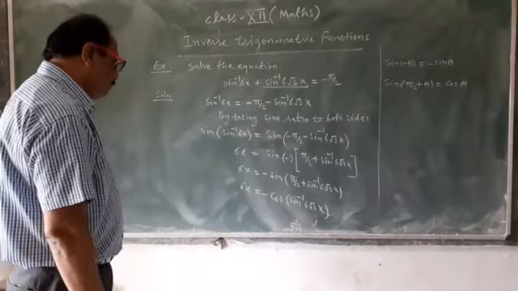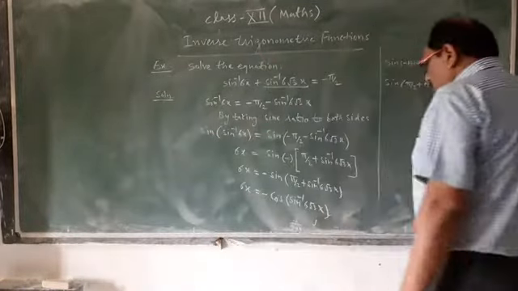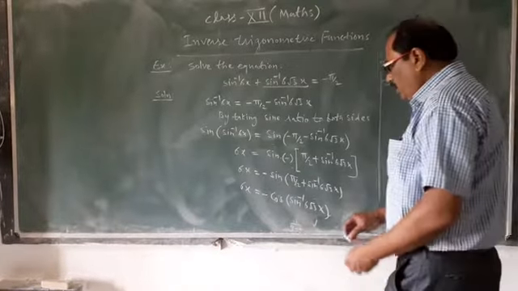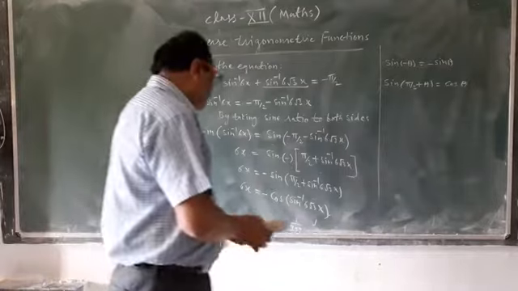Therefore, we write 6x is equal to minus cos theta.